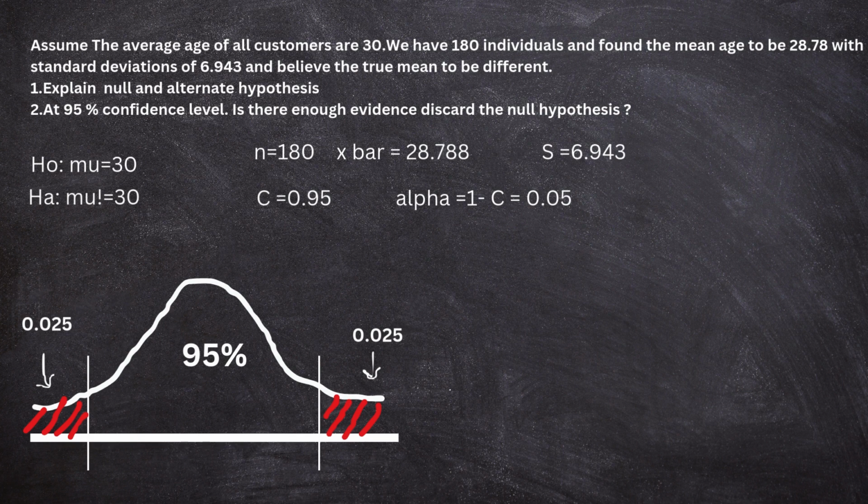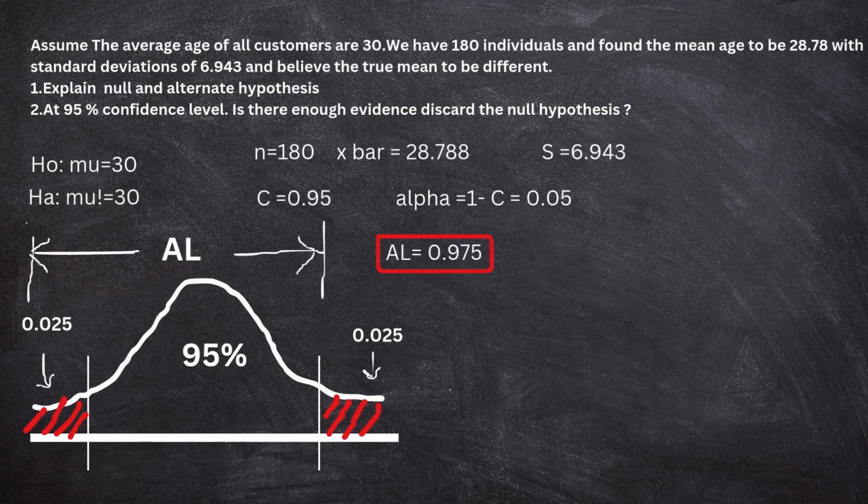The z-table that I am going to use is the cumulative area function. Here I have mentioned the total area that is going to be the sum of 0.025 and 0.95, so the cumulative area from the left is 0.975. Now we are going to find the z-value that corresponds to this total area.